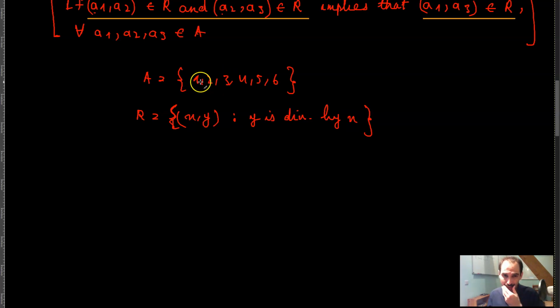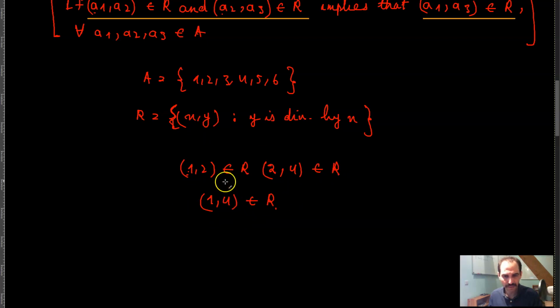With 1, of course, any number is divisible by 1, meaning that if I take my x as 1, then I can take 1 with any of these numbers. For example, 1 comma 2 does belong to R, and 2 comma 4 does belong to R as well. And of course 1 comma 4 does also belong to R. So we have no problem there.